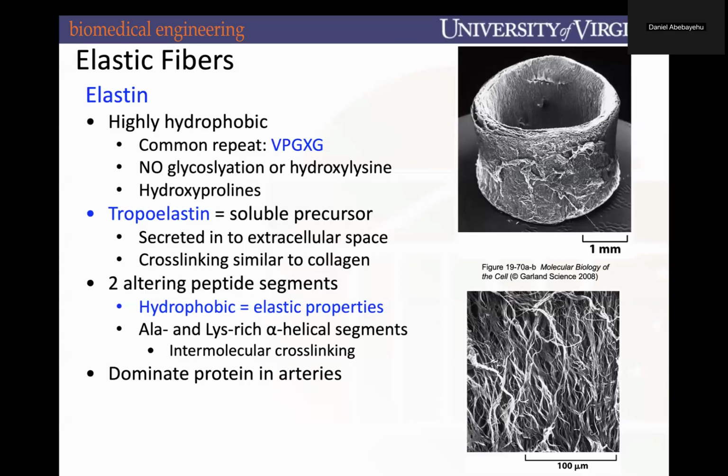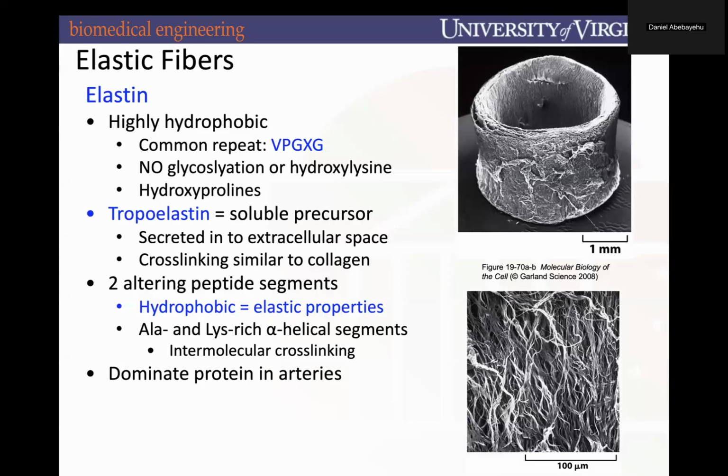So there's something about tropoelastin's pro cap that enables it to be soluble, and then it can be secreted into extracellular space and be cross-linked similar to collagen. But when tropoelastin is converted into mature elastin, it becomes hydrophobic, which mediates its function. The hydrophobic nature of elastin contributes to its elastic properties.